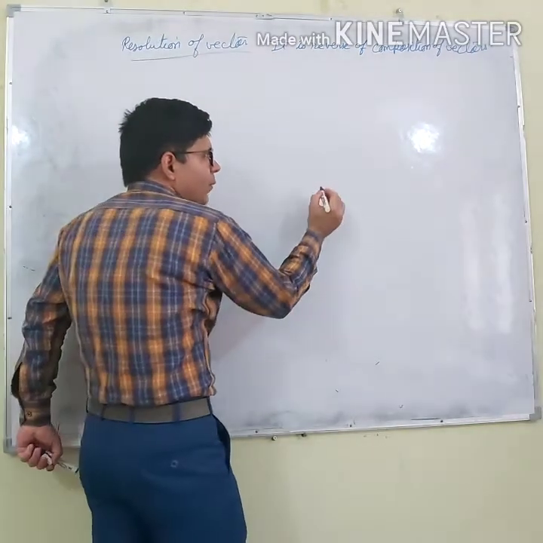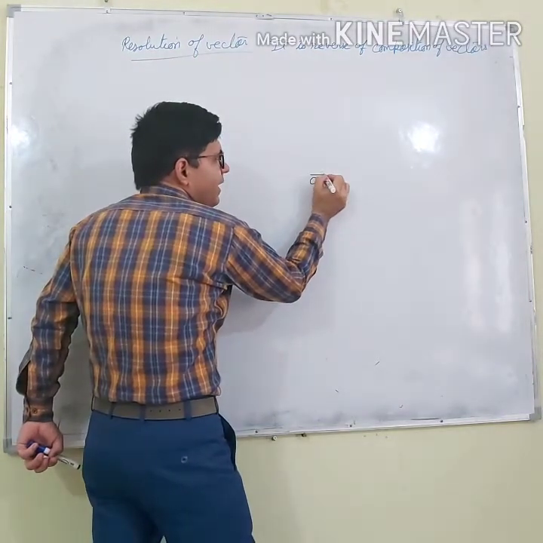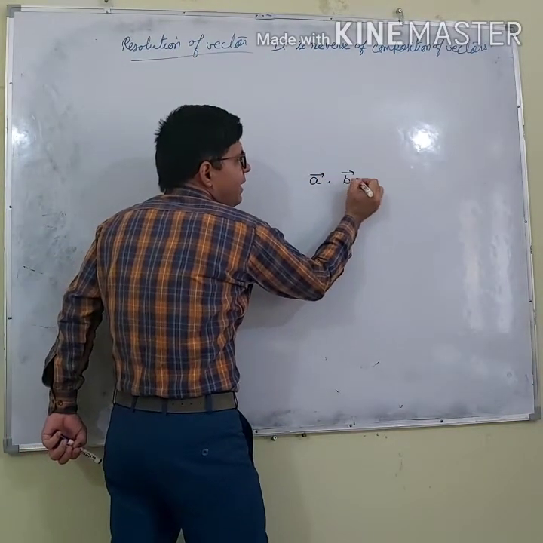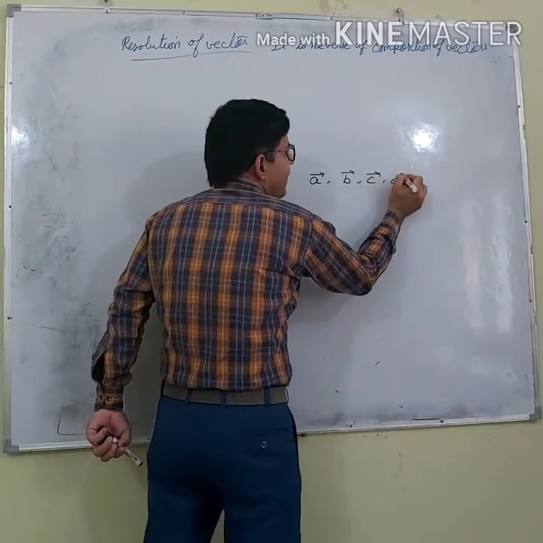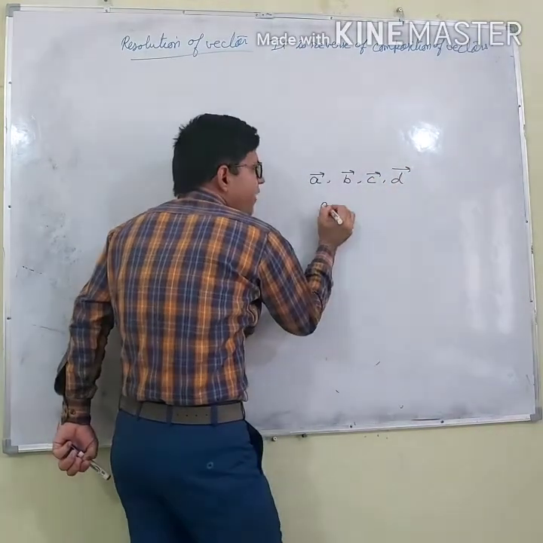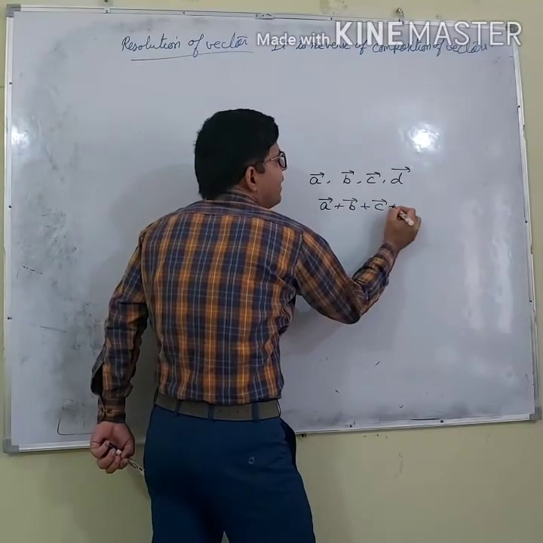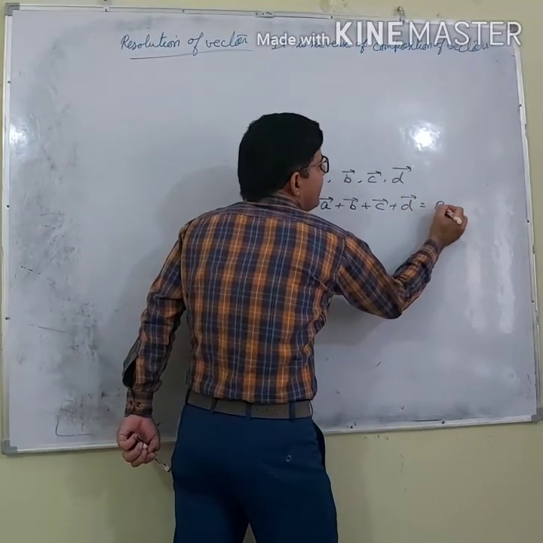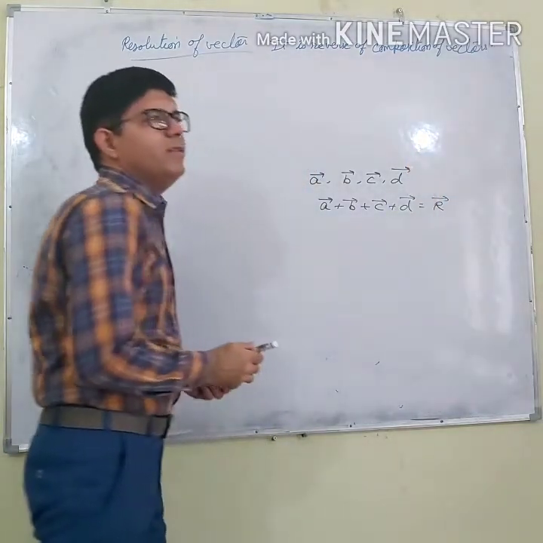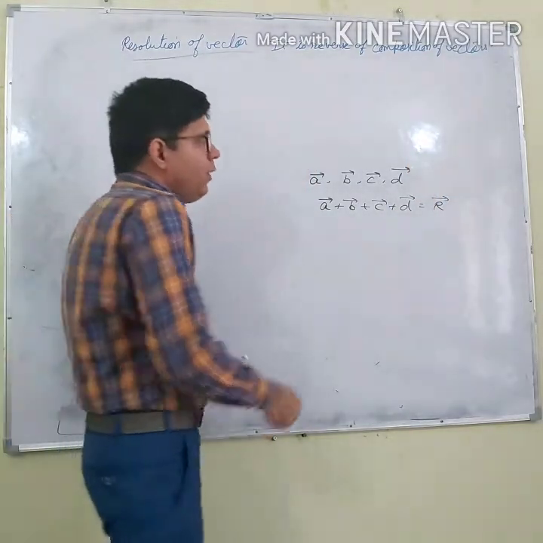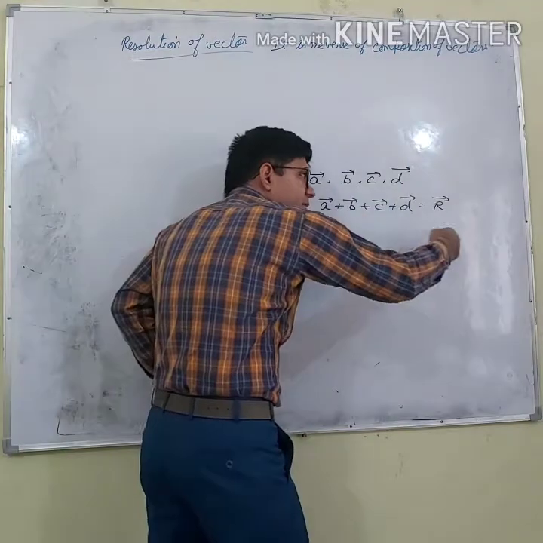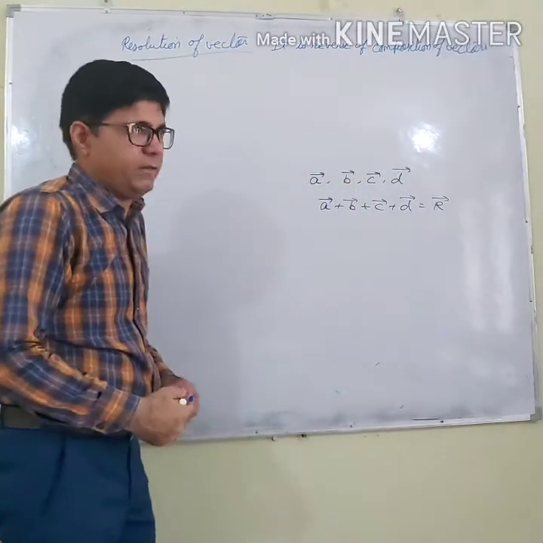What I told you, if I am having vectors A, B, C, D, and if I add these vectors, what will I get? I will get the resultant, which is, say, vector R. So what is this called? This is the composition of vectors.